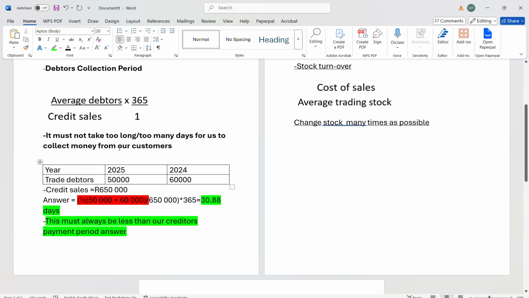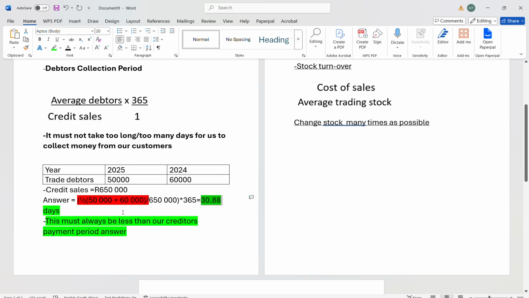Your 55,000 represents your average debtors. Then you take that 55,000, divide it by 650,000, and multiply by 365 days to convert the answer into days. Then you'll get 30.88 days.